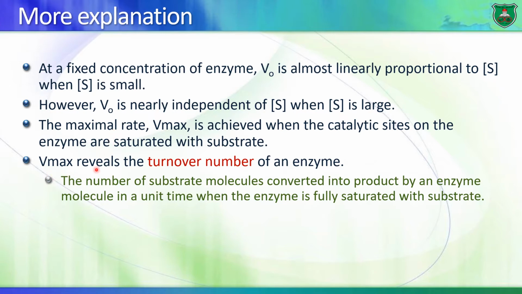So Vmax tells us something about what is known as the turnover number, which is basically the number of substrate molecules converted into a product by an enzyme molecule in a unit time when the enzyme is fully saturated with the substrate. So Vmax tells us something about how good the enzyme is.